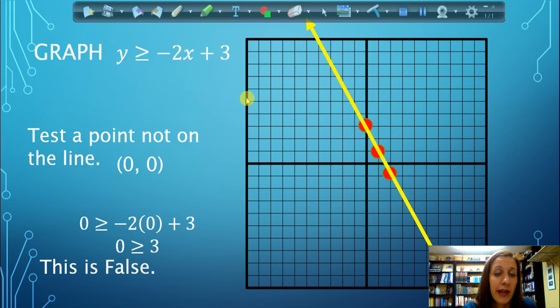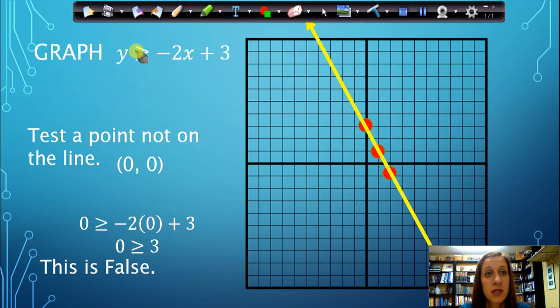Or you can just think about the y coordinates should be greater than our line. So if I go to my line, it doesn't matter what point I pick, the origin or the y-intercept's the easy one to pick. At 3, y values that are greater than 3 would be above the line.